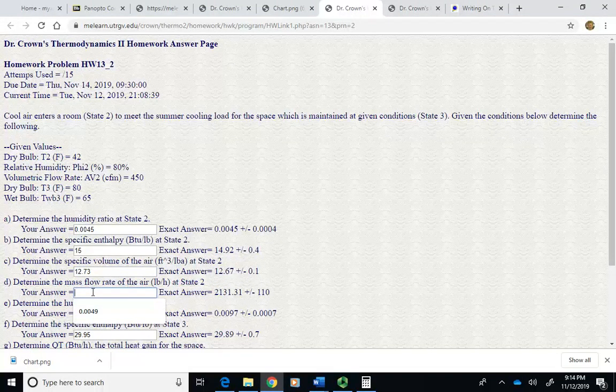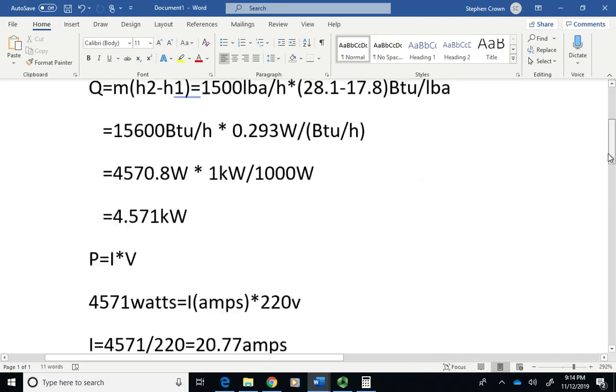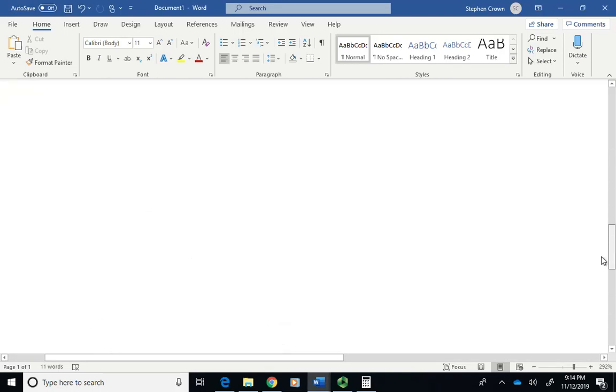Right, then the mass flow rate would be the volumetric flow rate, which is 450 cubic feet per minute, divided by my 12.73, then I'll have pounds per minute, and I want it in pounds per hour. Just scroll down a little bit.